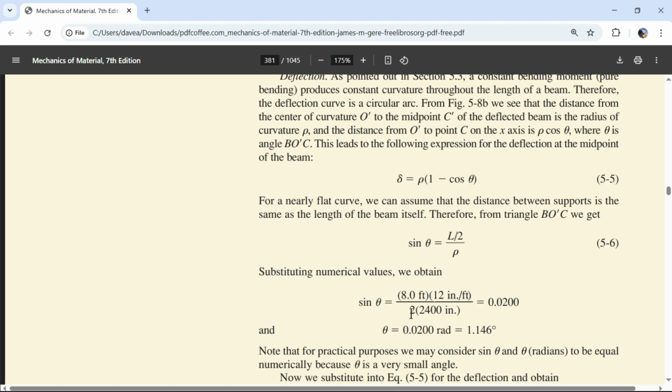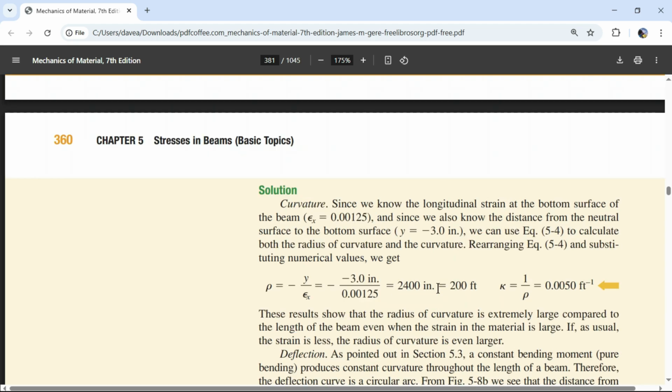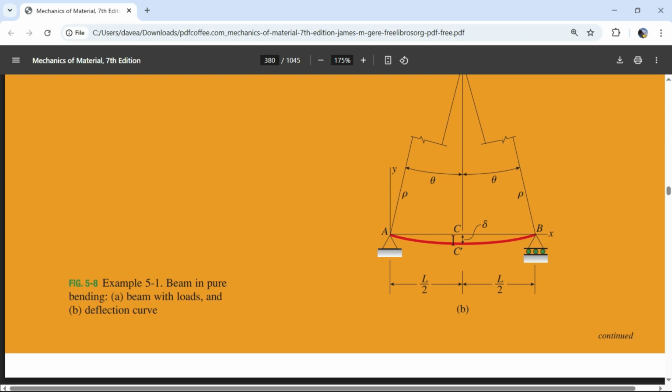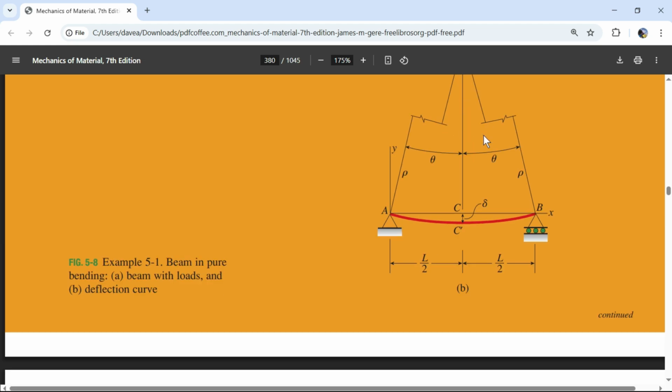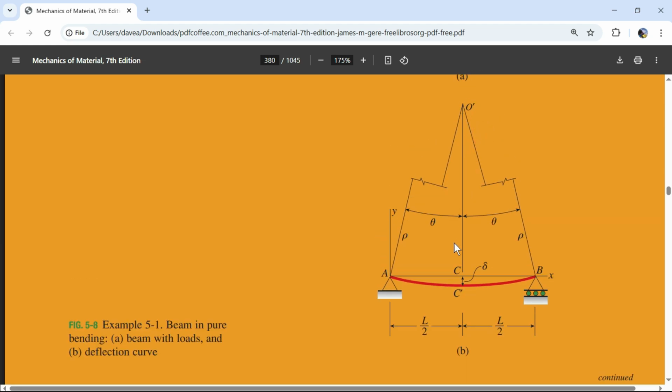But you don't even need to take the inverse sine, because the angle itself, this radius goes through the neutral axis right here, and then this radius also goes from the center of the circle to the neutral axis. So this is an arc length of a circle, and we know that theta in radians times radius is arc length.